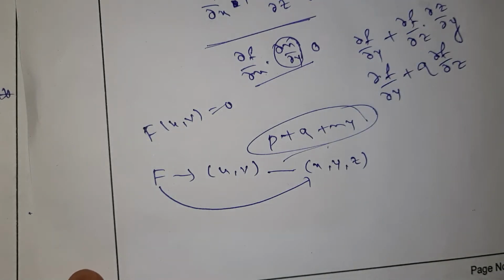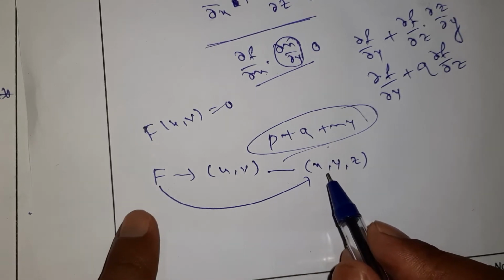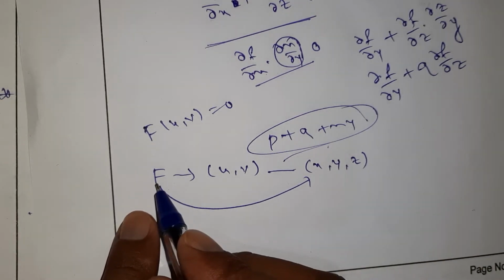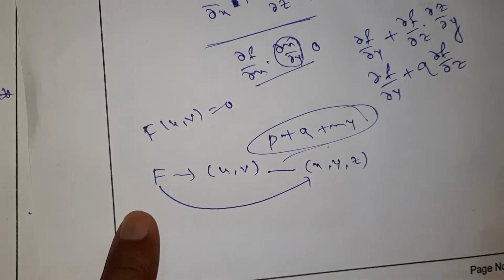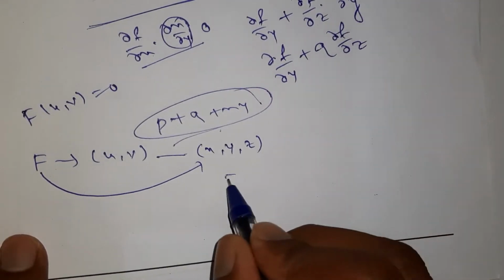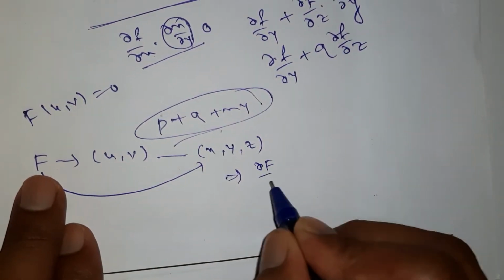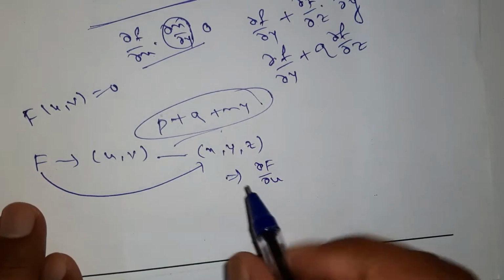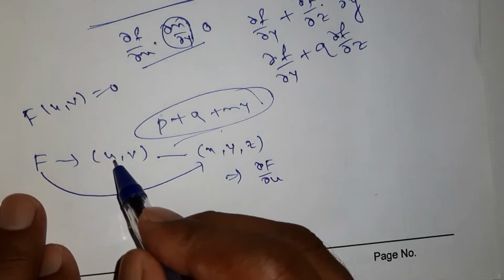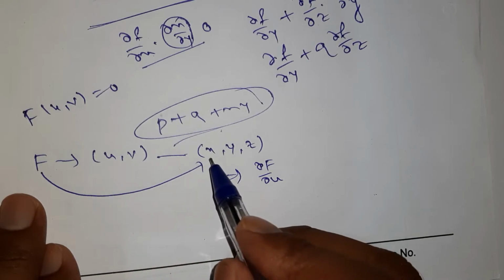So let us find the derivative. Suppose I have to find the derivative of f with respect to x. How are we going to find it? First, I find the derivative of f with respect to u. So here dou f by dou u, derivative of f with respect to u. Now derivative of u with respect to x.